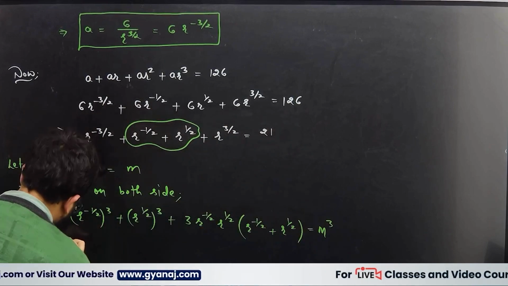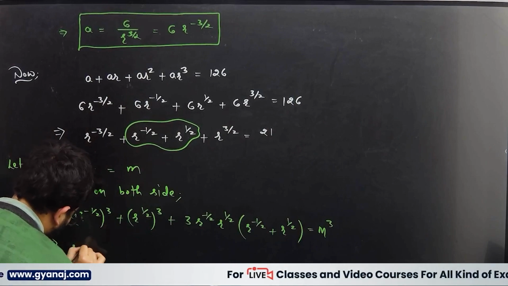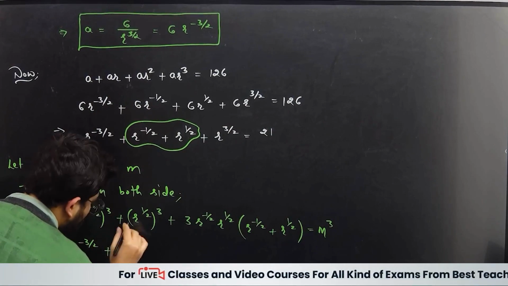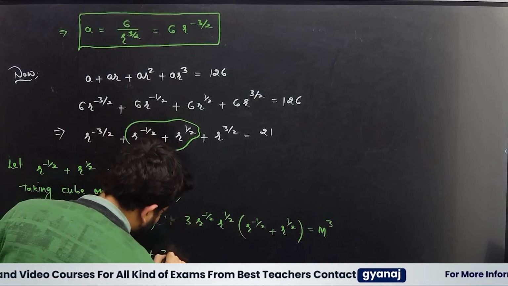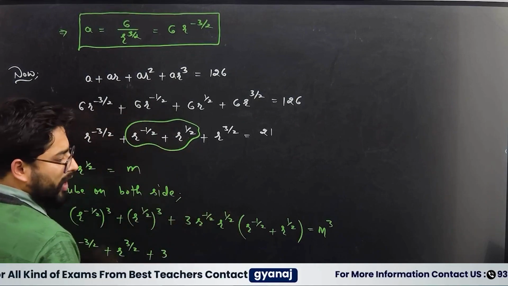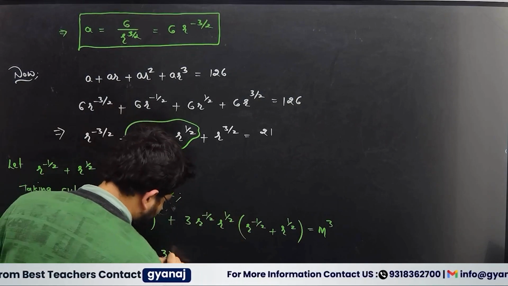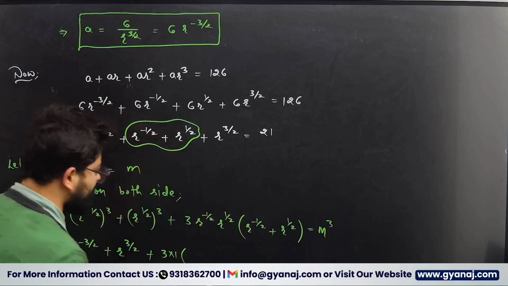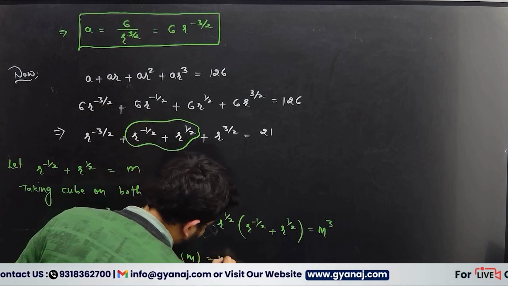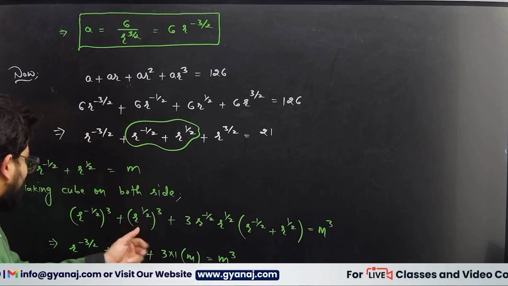So this is R power minus 3 by 2 plus R power 3 by 2 plus 3 R power minus 1 by 2 into R power 1 by 2, which is 1, into R power minus 1 by 2 plus R power 1 by 2, that is M, equal to M cube.